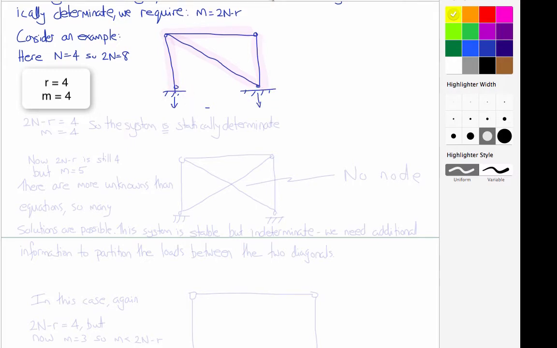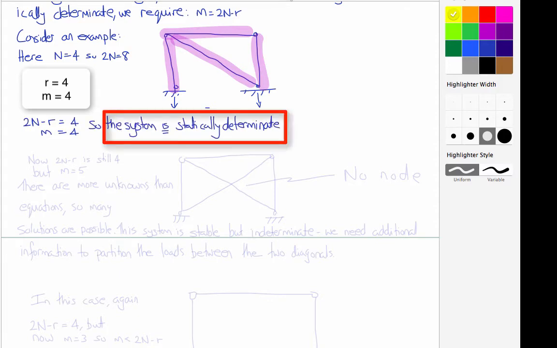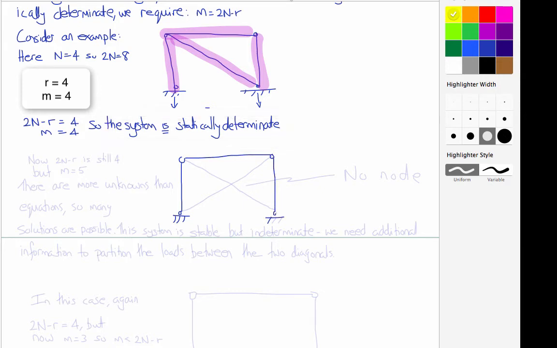And there are 4 members. So therefore 2n minus r is equal to 4, and m is equal to 4, so this system is said to be statically determinate. The equations of equilibrium from Newton's laws alone, the force balance equations, since we don't need moment balance equations, are exactly enough to solve for the forces in every element of this structure, which is indeed static.